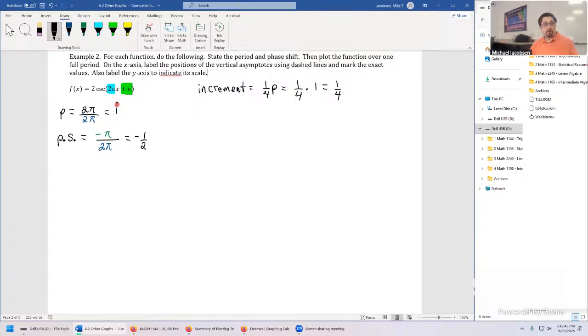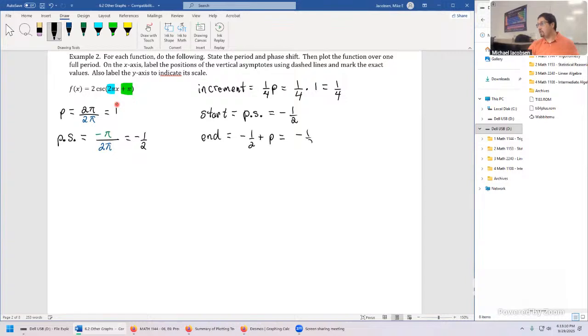From here, we could just start plotting, but it's a good idea to also say, where does it start? Where does it end? So I'll put here, start is going to be equal to the phase shift, which was negative 1/2. Then it's going to end at wherever it started, negative 1/2, plus the period.